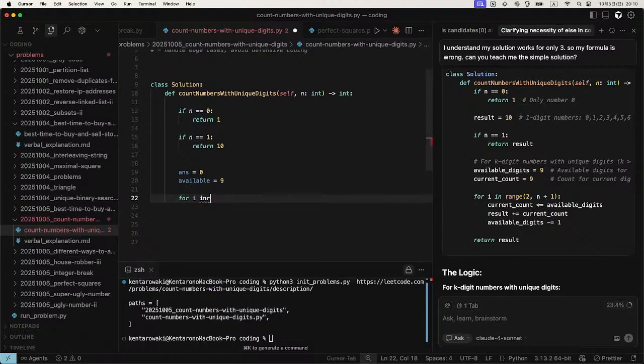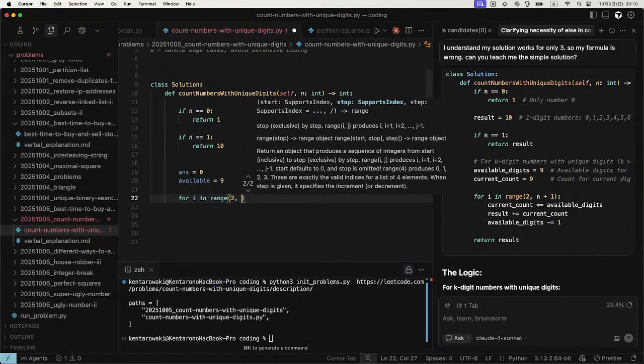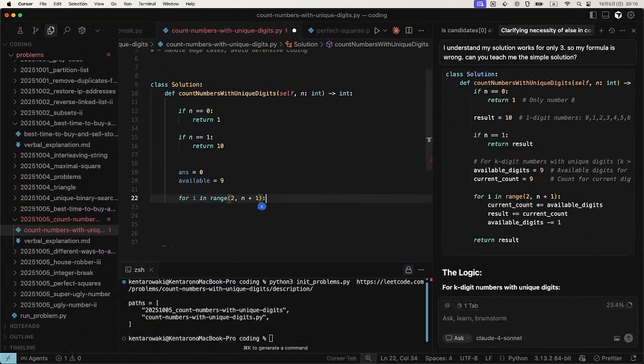For i in range 2 to n plus 1, current count times available digits. So here we think about two digits.